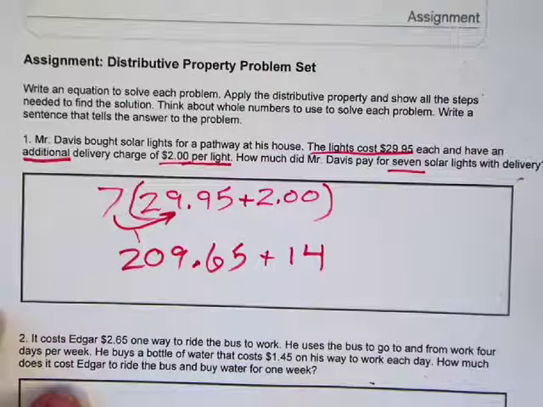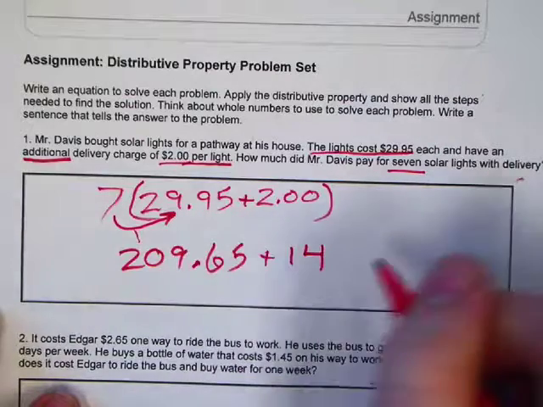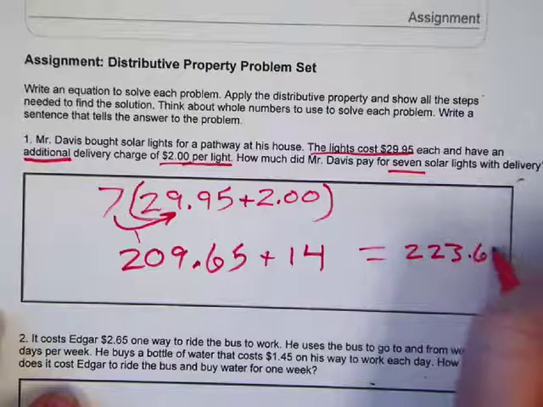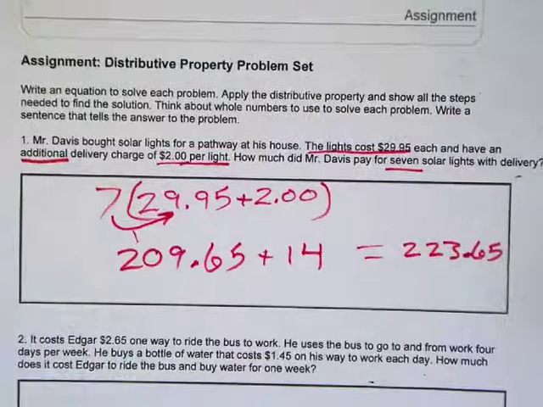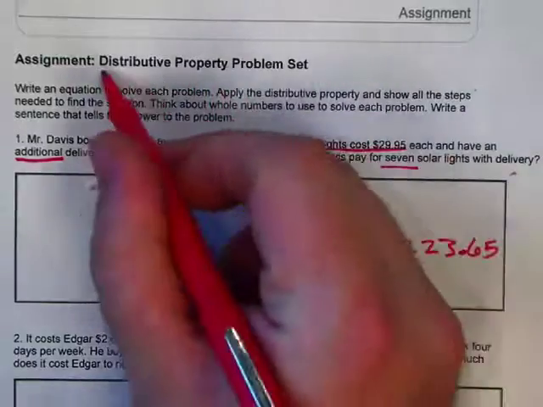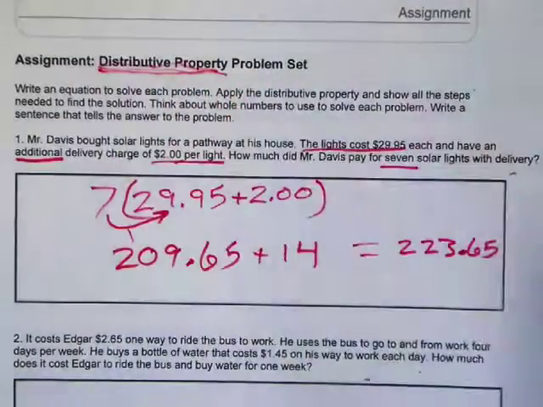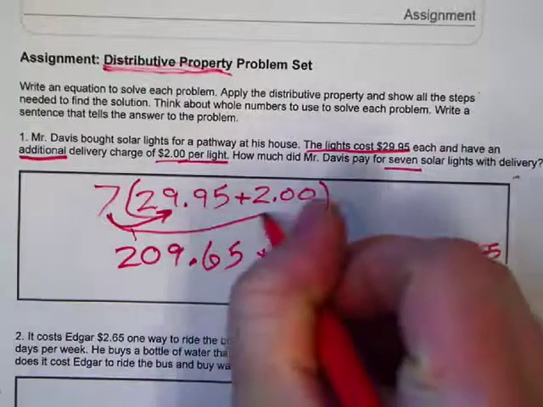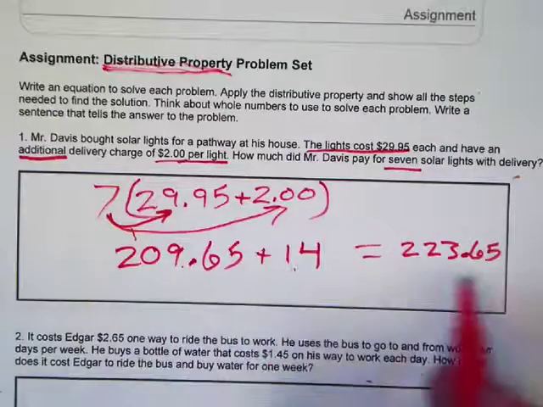So I take those two numbers, add them together, and I get 223.65. Now I know simply you could just add 29.95 plus 2 and then times that by 7, and you would get the same answer. But remember, we're dealing with distributive property, and so that's what it wants to see. It wants to see how well you can set up the distributive property. So we did the 7 times that, 7 times that, got those, added them together.